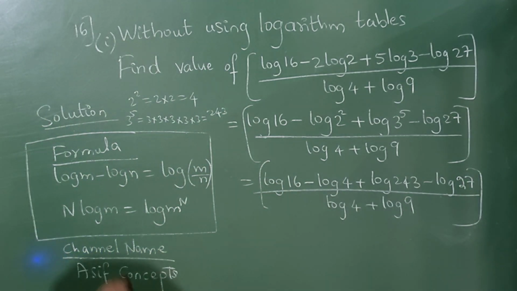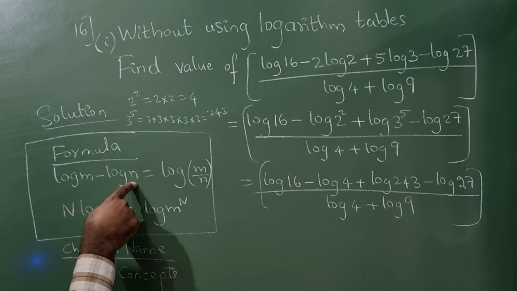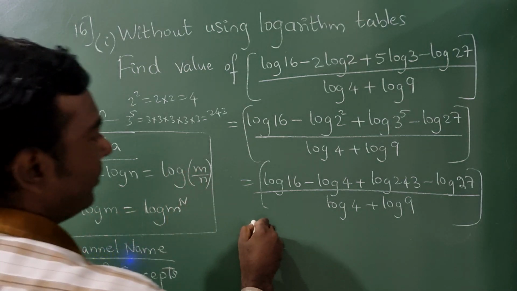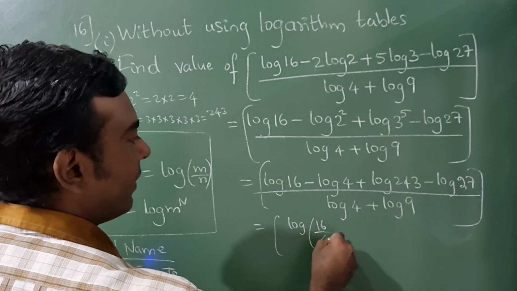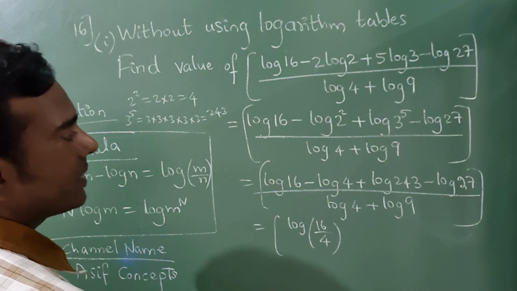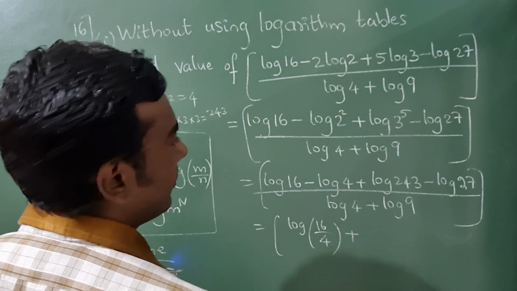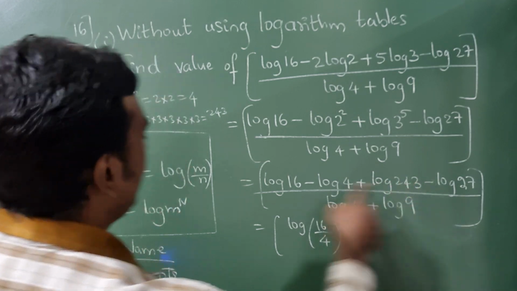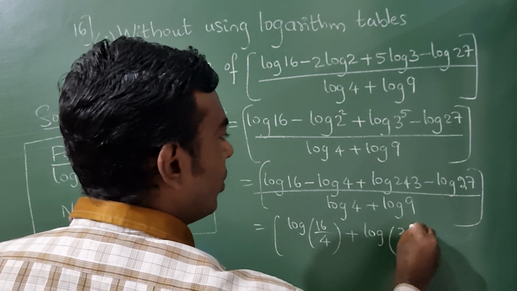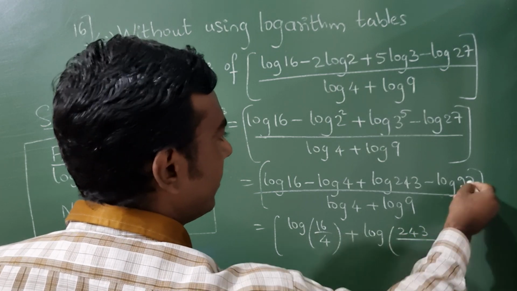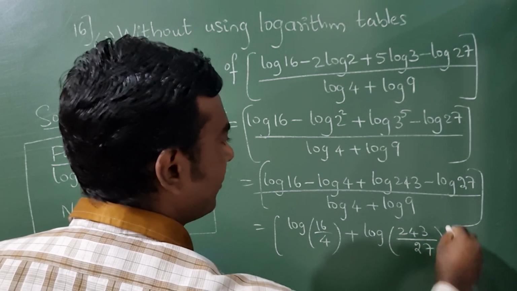Now I am going to use the first formula, log m minus log n is equal to log m by n. So log 16 by 4, because these two are minus, write this plus as it is. Then for this also apply this formula, that is log 243 divided by 27.